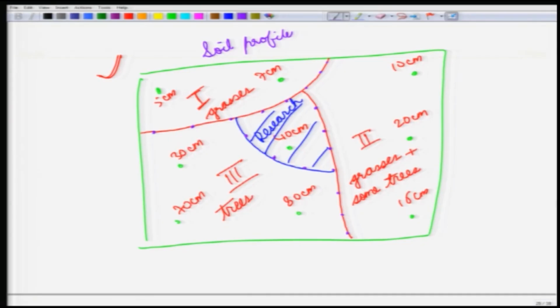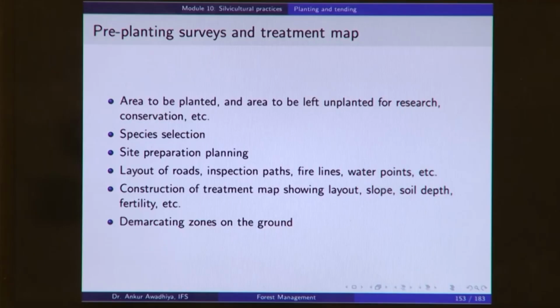So, you are actually demarcating all these lines on the ground itself. So, these are all different activities that need to be done even before you have started to do the planting.